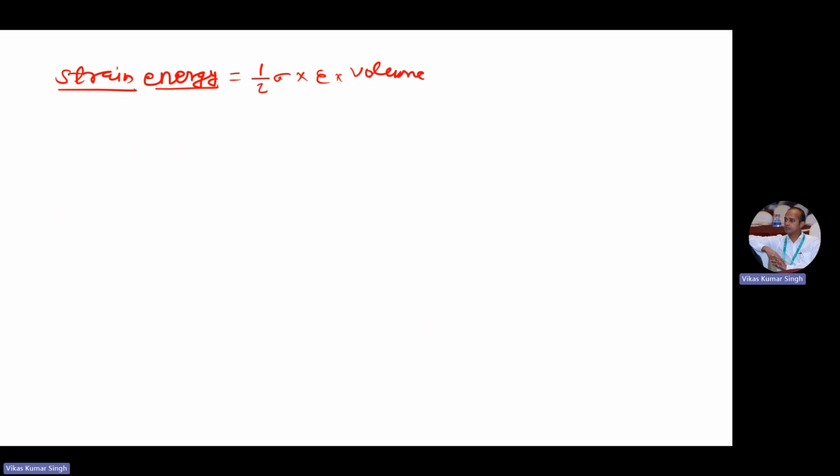If you do not know, we can derive it here. Strain energy is force into displacement; if gradual loading is there, half into force into displacement. So change this in terms of stress and strain.